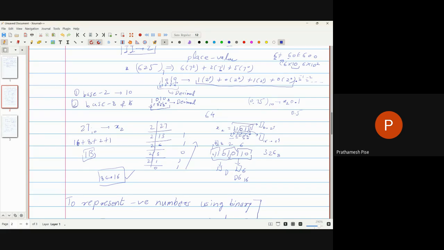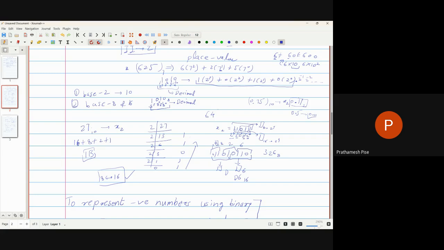The digit that went ahead of the fraction point, we'll write it here, 1. What is double of 0.5? 1.0, so 1 will come again here, and it will become just 0.0. So 0.11 in binary is 0.75 in decimal.